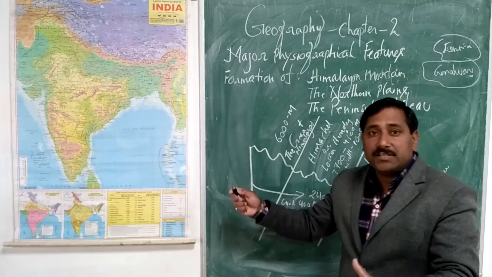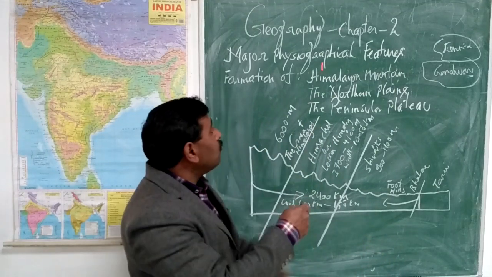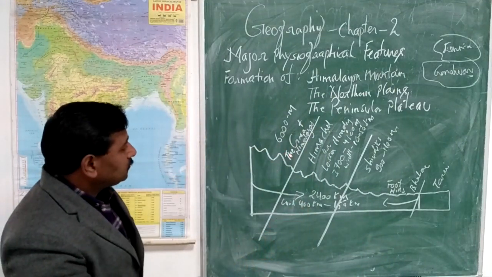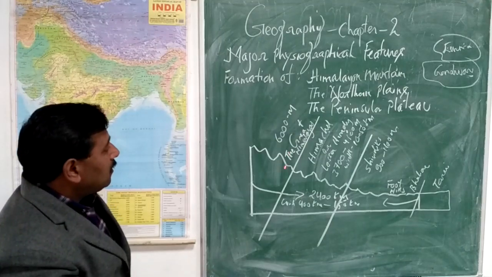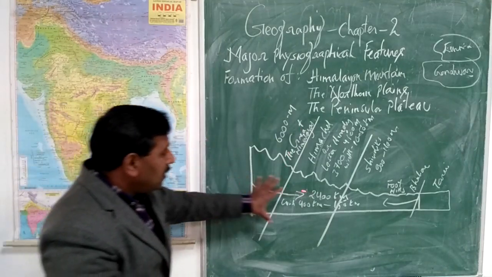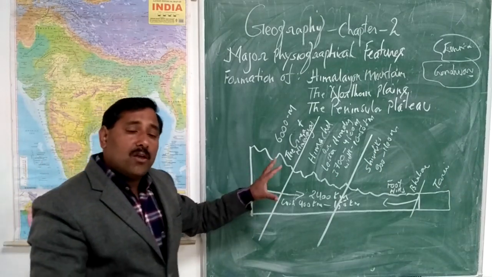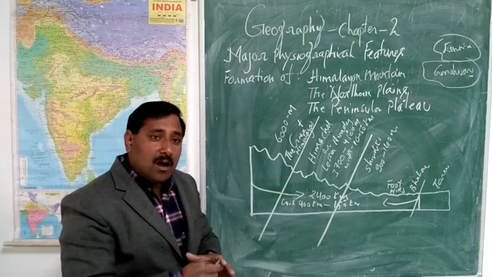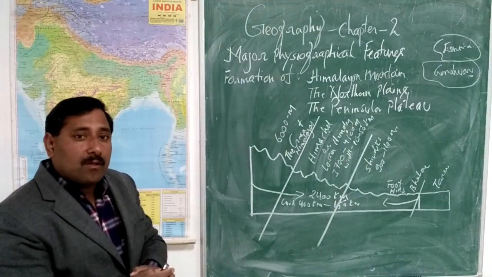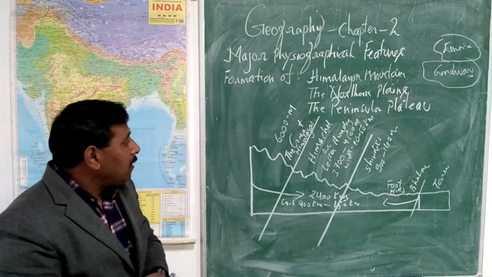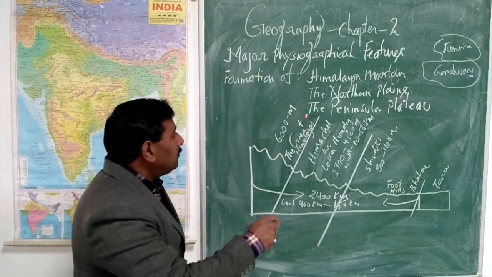So to understand this division properly, I have drawn a cross section for you, so that you can understand the division of the great Himalayas properly. The first part is the greater Himalaya.